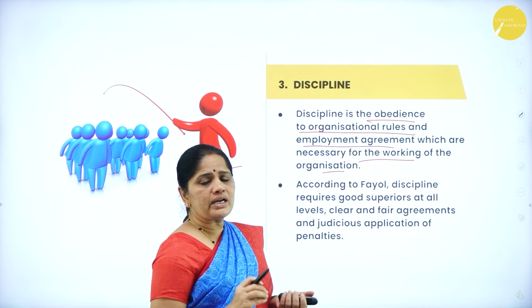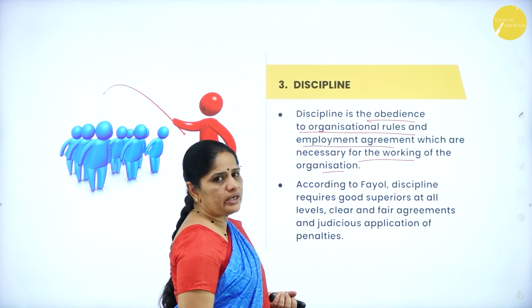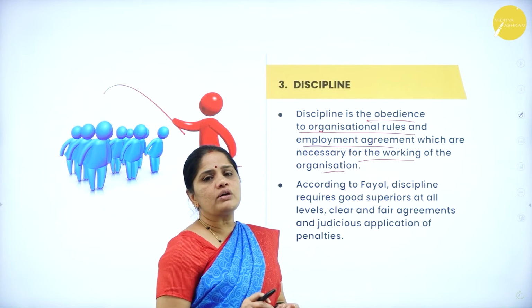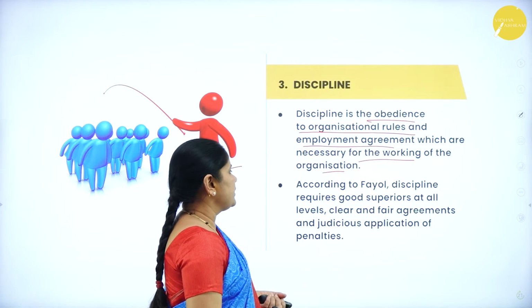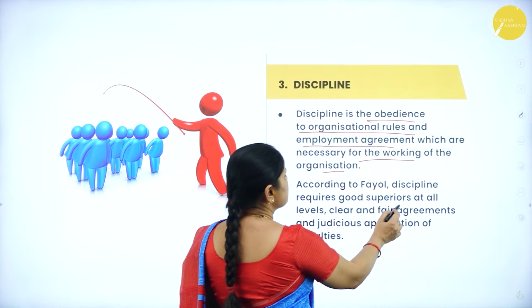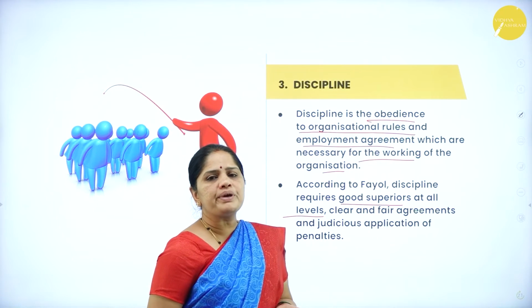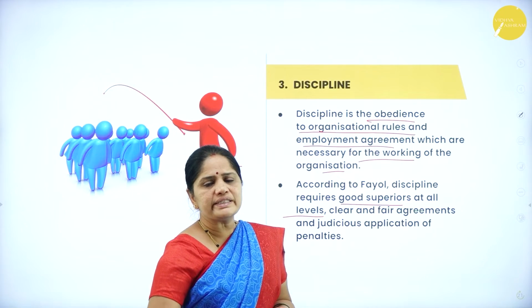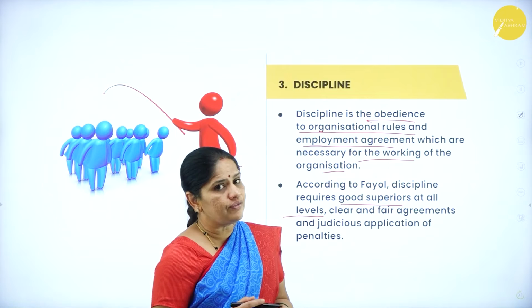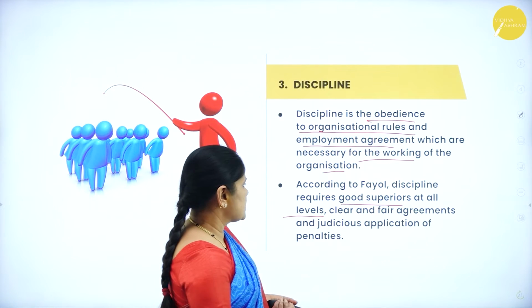The organization will form rules and regulations for the employees, which have to be followed by the employees strictly. According to Fayol, discipline requires good superiors at all levels. There should be superiors who follow the rules of employment strictly. Only then will the subordinates also follow. Otherwise there will be utter chaos in the organization.